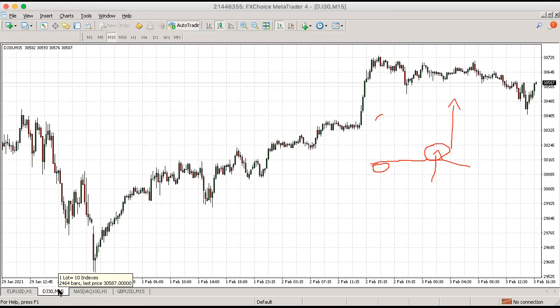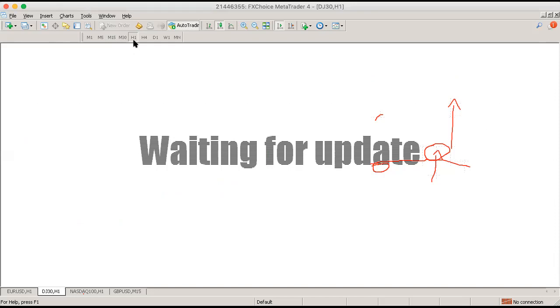Let's mark DJ 30. If you don't know where to find DJ 30, download AvaTrade. We've always said that we need to download AvaTrade. For DJ 30, go to your H1 time frame. For the past 3 days, please draw Fibonacci extension levels, screenshot them, and send them to me.